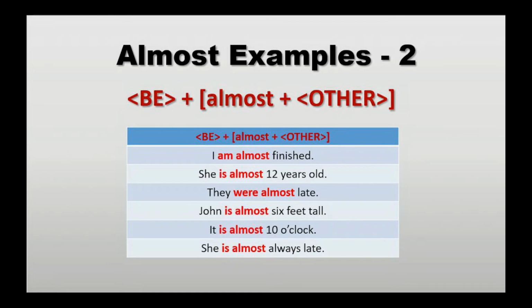So here you have be almost something. All right, let's look at these verbs that we have here. Please repeat. I am almost finished. Now here, if you're talking about grouping, almost finished has to be together, has to be a group. So if you want to pause, you shouldn't say, I am almost, finished. That sounds really horrible in English.